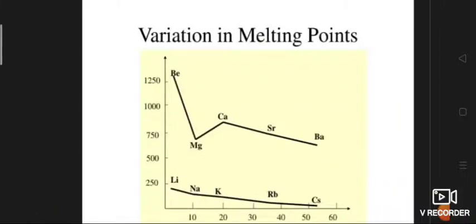So, variation of melting point. Already we have seen melting point. Look at this: the melting point of lithium is more than that of cesium. The melting point of beryllium is more than that of magnesium, calcium, strontium. Calcium has a higher melting point than magnesium.